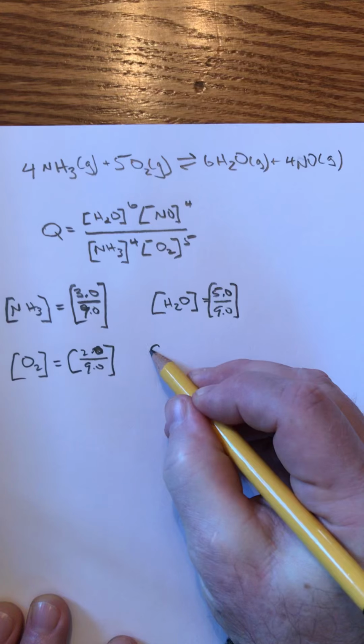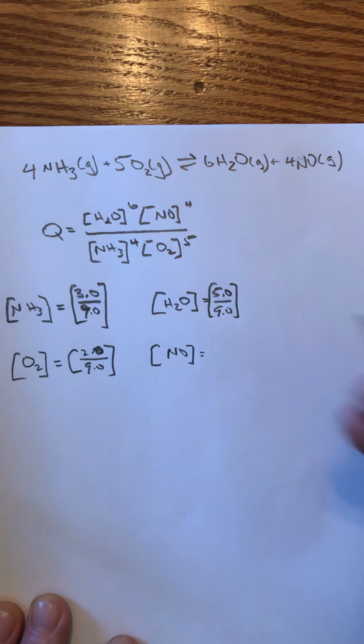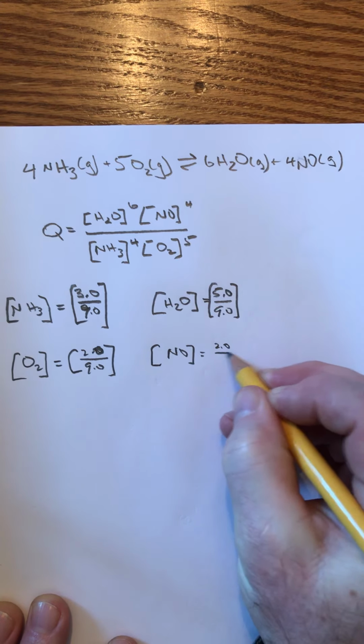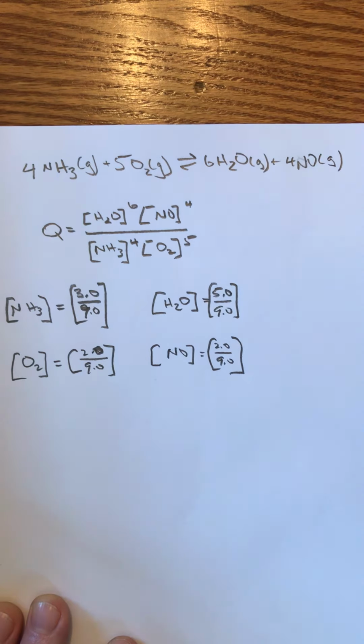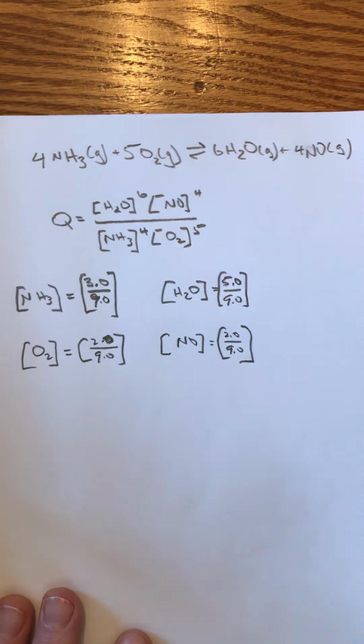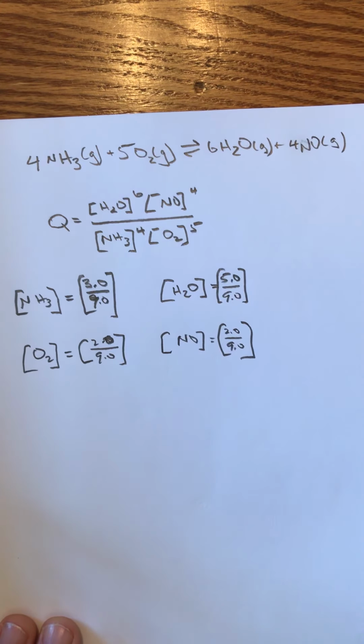And the concentration for NO. For NO, they said you've got 2, so it's 2 over 9. So what I've got are 4 fractions that are going to be raised to some interesting powers.